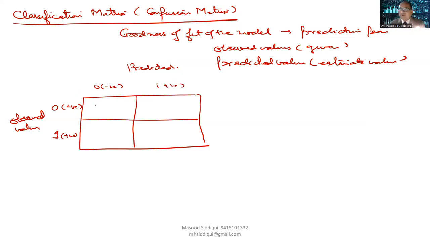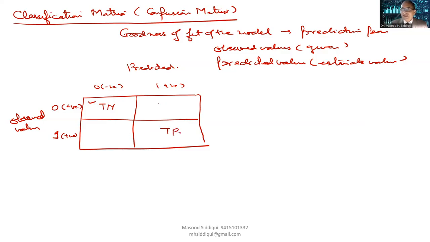Now, if we look at this value, here the actual value is negative and it has been predicted as negative. So this is known as true negative because the prediction is correct. Here, the actual value is positive and the predicted value also comes out to be positive. So this is known as true positive.